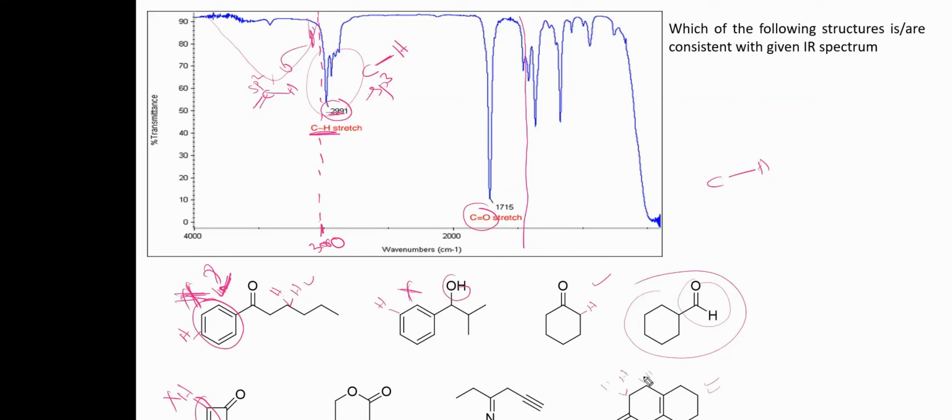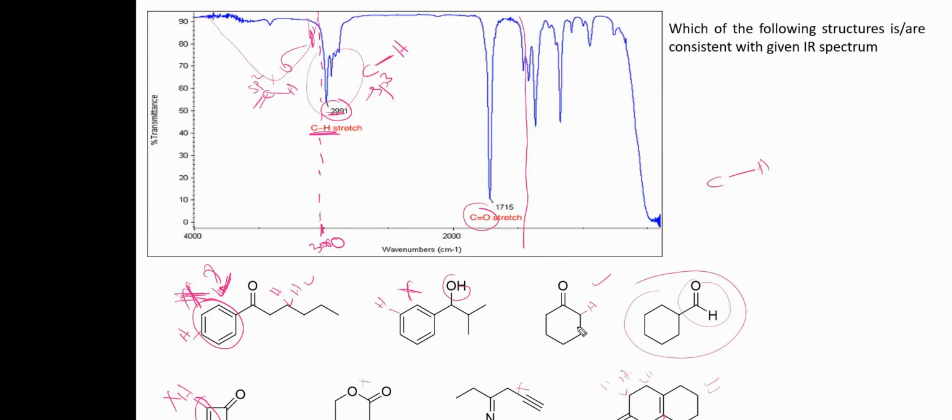All these CHs are sp3 hybridized, and this alkene does not have a hydrogen attached to it. Therefore, you won't see anything above 3000, because this alkene is tetrasubstituted, so you do not have a hydrogen on the alkene. So this could be a possible structure, but it cannot be this, and it cannot be this.